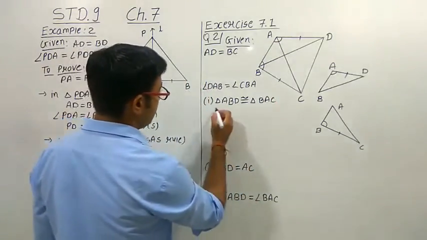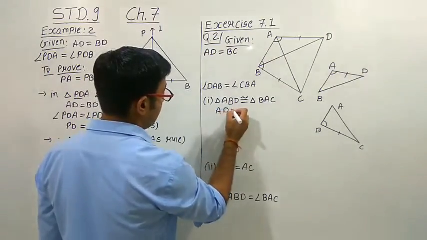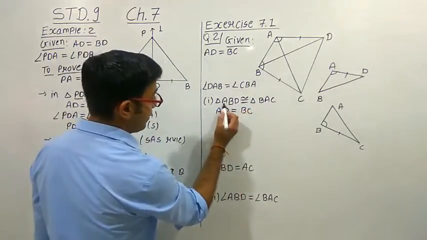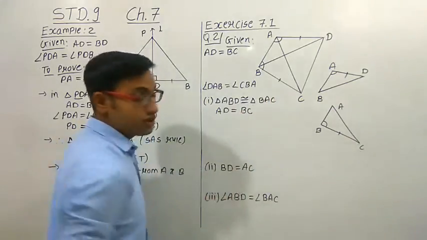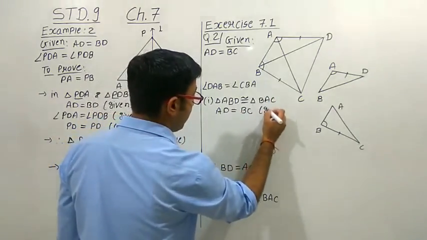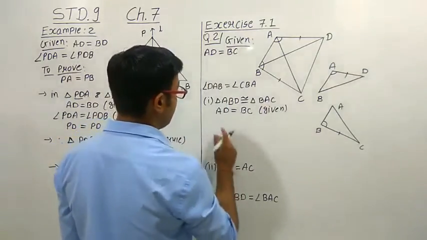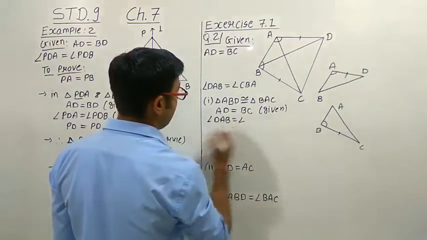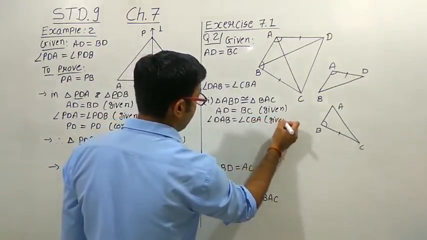So let's write down here that in both triangles, AD is equal to BC. Here also we take the first and third letter. This condition is given. The second condition is of the angle, that angle DAB is equal to angle CBA. This is also given.